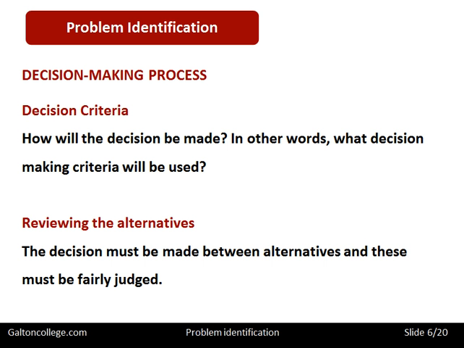And then openly looking at the alternatives to find the best one, and not carrying in a prejudged position, not carrying in a position which is fixed from the start, because that is not looking at the alternatives. That's simply selecting what the management wanted right from the start. Looking at alternatives means looking at all of them openly to select the best one.